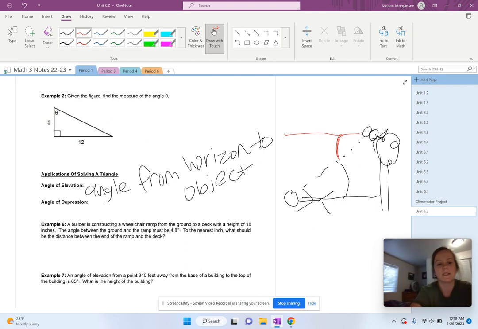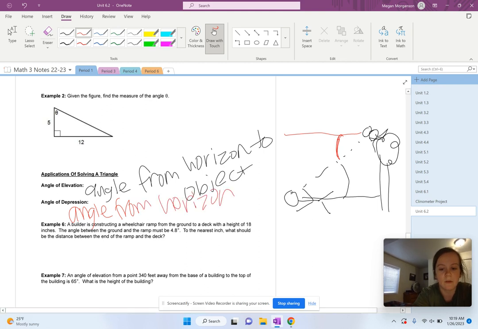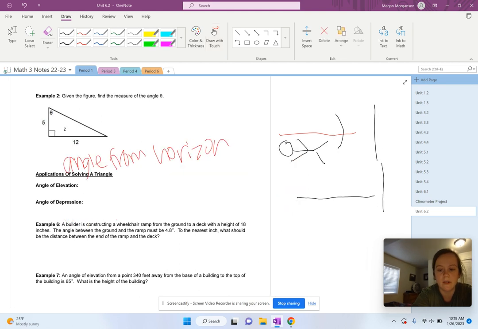That's important to know. So I guess I can write that here. Angle from horizon, or horizontal, down to an object.